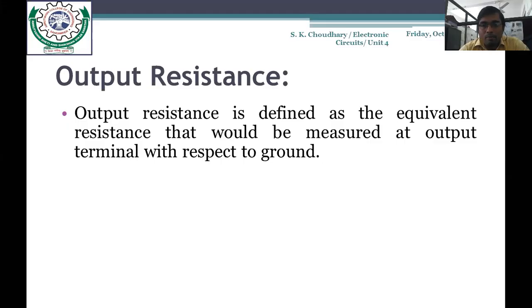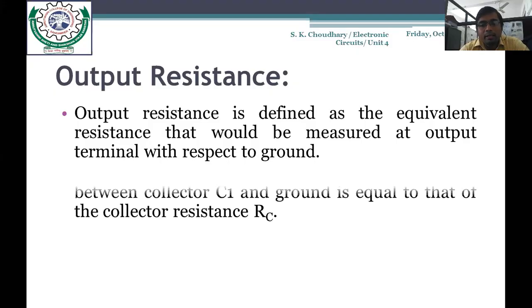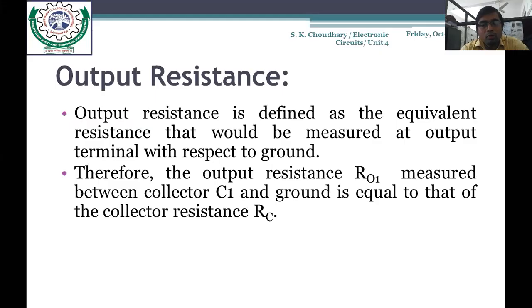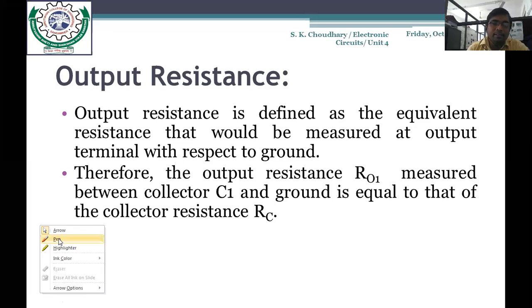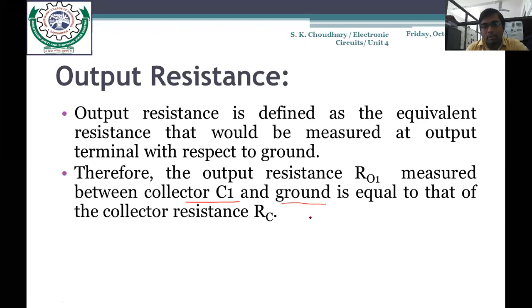We know that there are two output terminals because we are learning about the balanced input, balanced output differential amplifier. So one output terminal is located at the collector of Q1 and another is at the collector of Q2. Therefore, the output resistance R01 is measured between the collector C1 and the ground, and it is equal to that of the collector resistance.